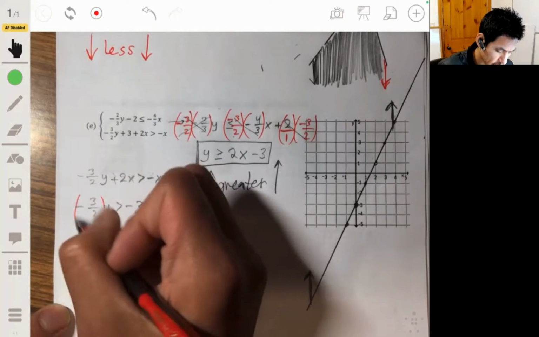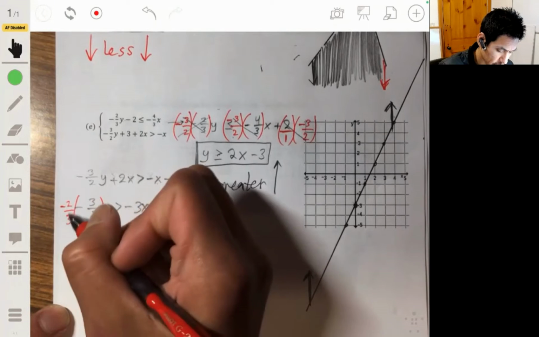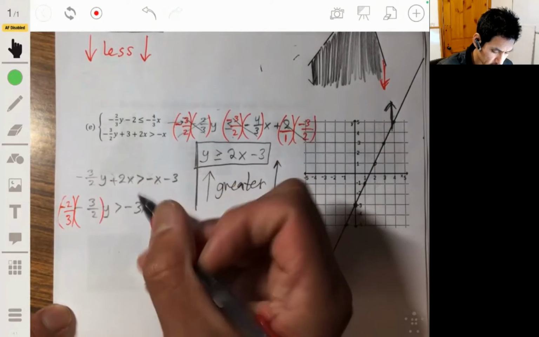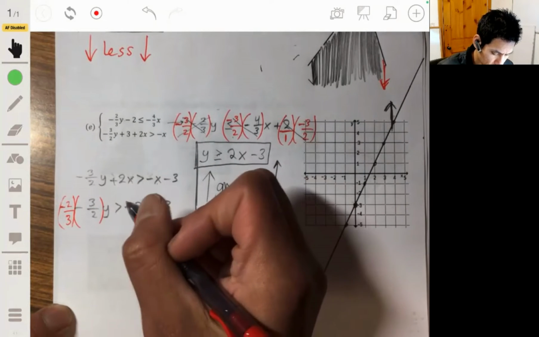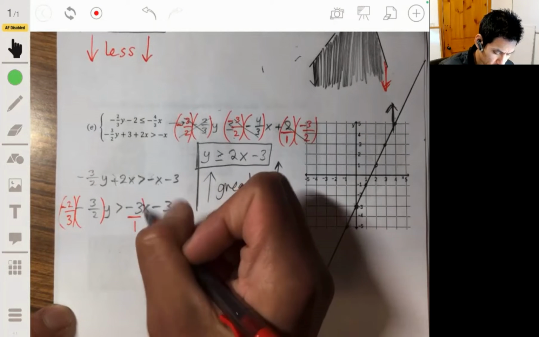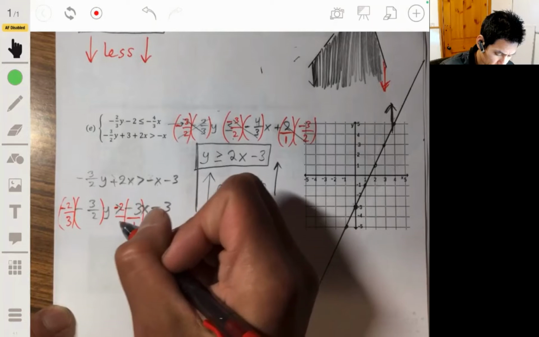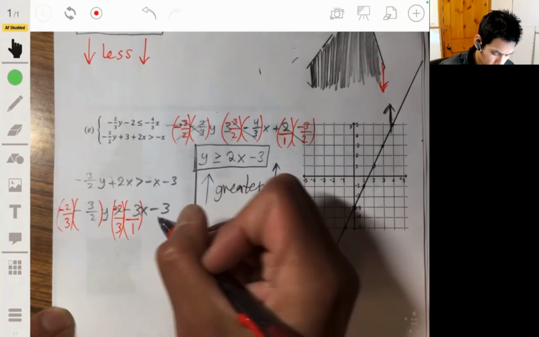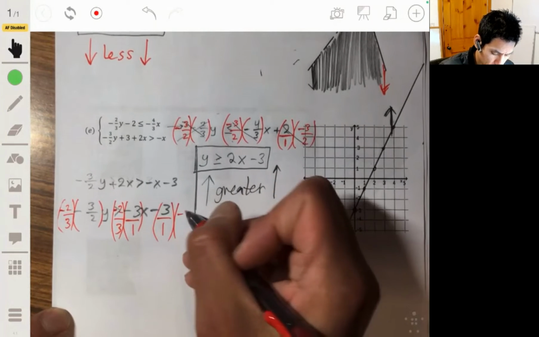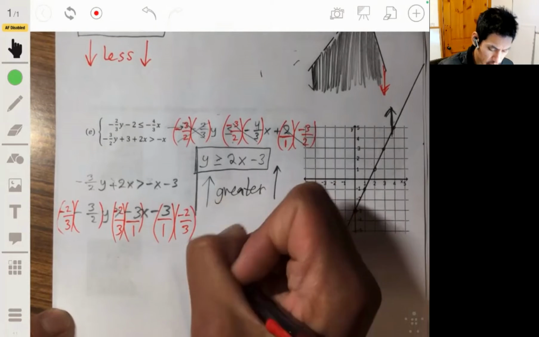Then we're going to multiply everything by negative 2 over 3 to cancel out that coefficient. So negative 3 over 1 multiplied by negative 2 over 3. Negative 2 over 3.